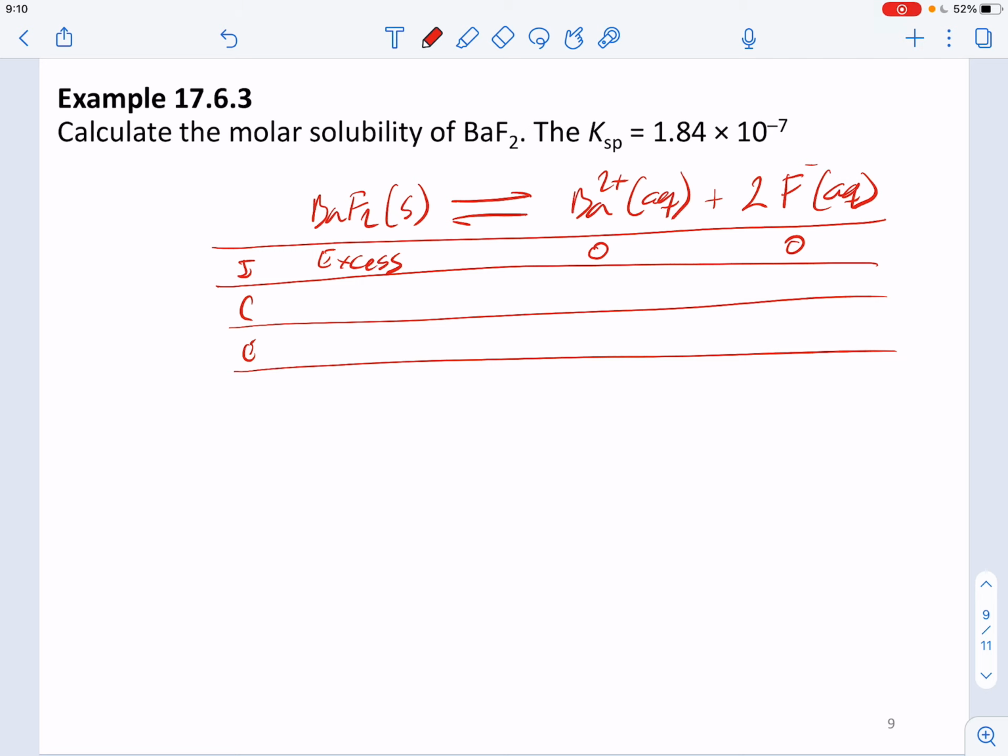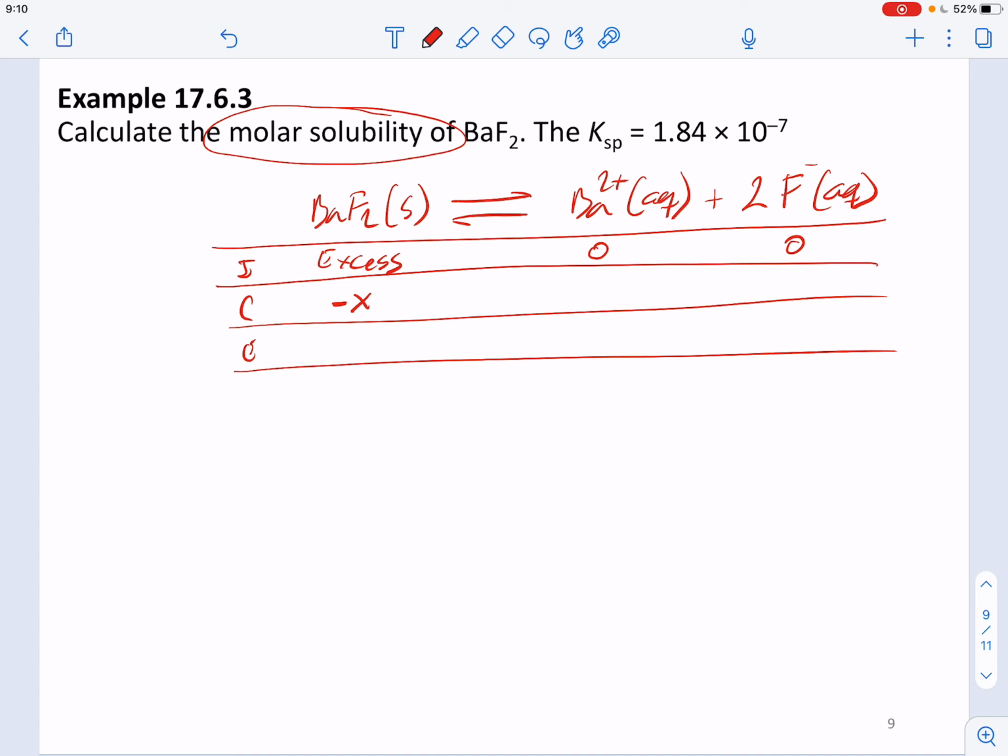Now we are going to define the molar solubility as the given amount that is being dissolved. So from that excess, I'm going to call x the amount of the solid that is being dissolved. Because the solid is dissolving, it is disappearing, so it's going to be negative, because that's the amount that is going into the solution.